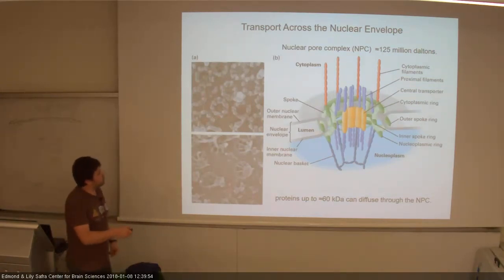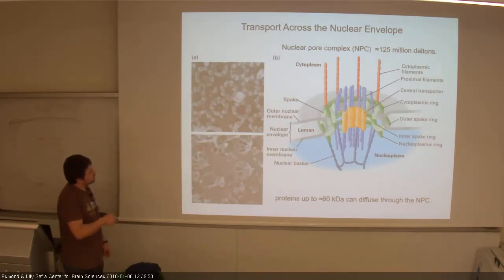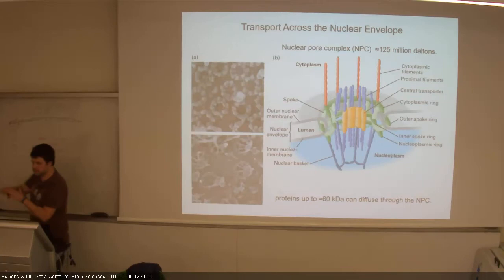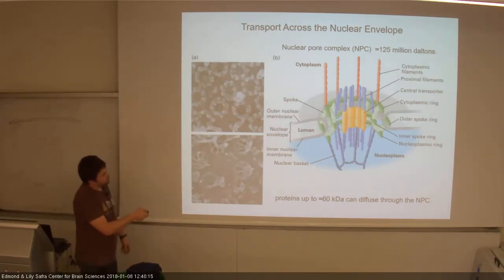This is the nuclear pore, and this is an electron microscope image of the external part of the nuclear membrane. You remember that the nucleus of the cell has this double membrane surrounding it, and to cross this double membrane you have these special pore complexes.